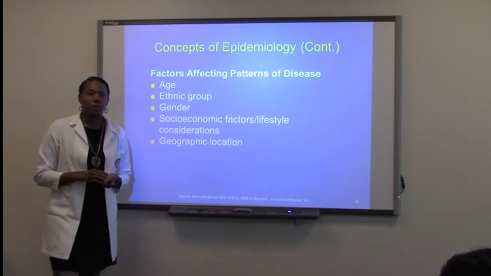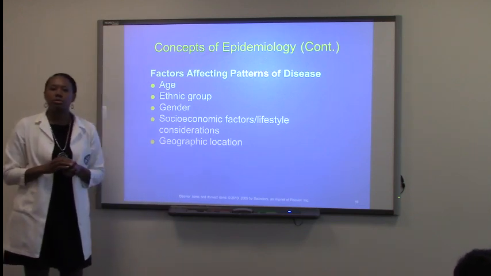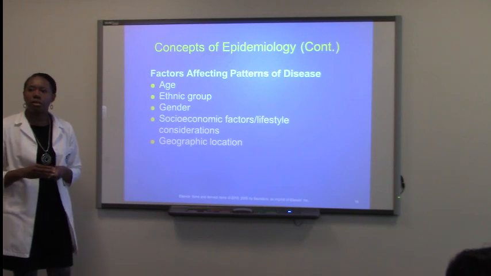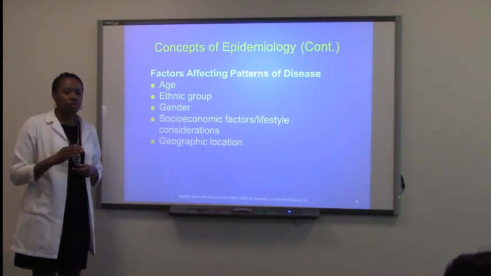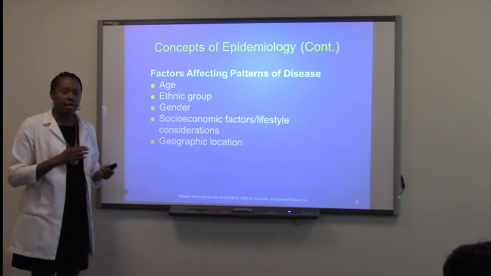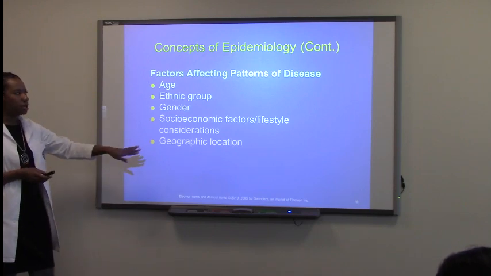Sometimes patients will tell you, hey, I do whatever, and then you have to take that into consideration and ask, well, what is going on? Why is this patient having issues, maybe psychological issues and things of that nature? You have to kind of tie that together. Geographic location.